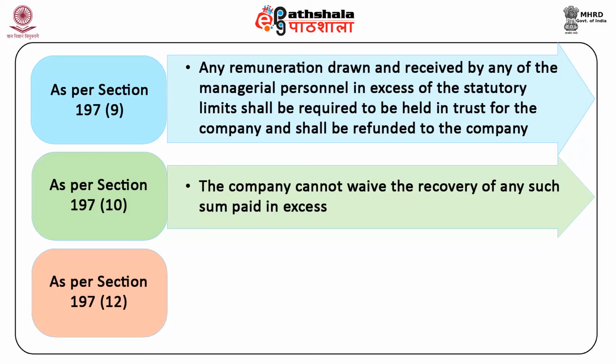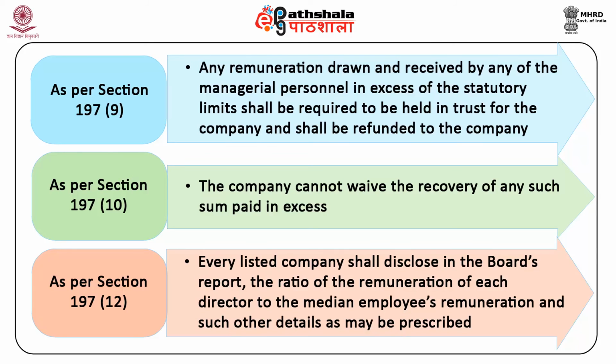As per section 197 subsection 12, every listed company shall disclose in the board's report the ratio of the remuneration of each director to the median employee's remuneration and such other details as may be prescribed.